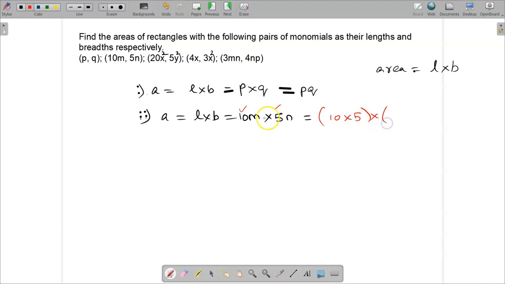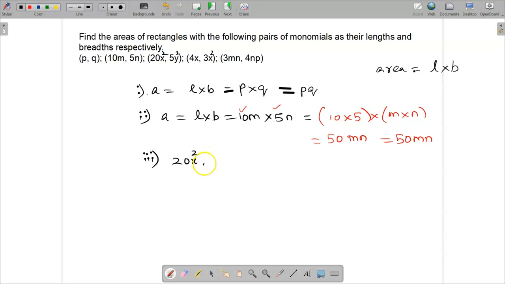And then what are all the variables here? m into n, and we have two different variables, so we cannot combine the value. So 10 into 5 is 50 and then m into n, I can write it as just mn, that's all. So this is the final answer, 50mn is the final answer, meaning that it is 50 into m into n.